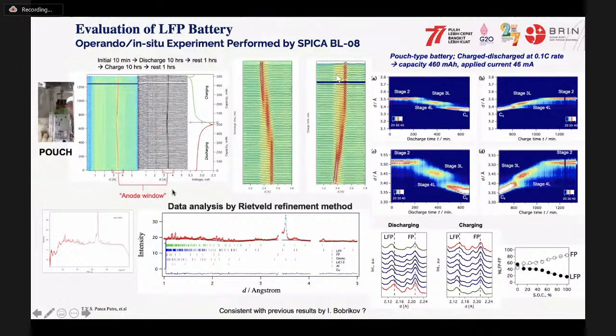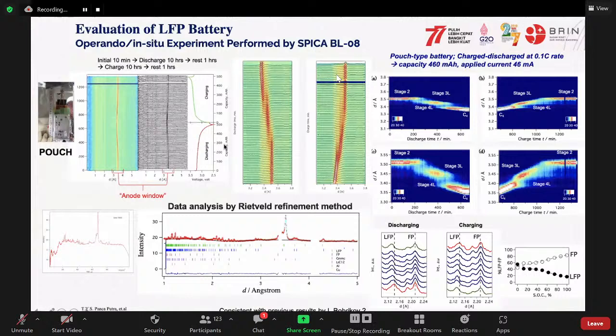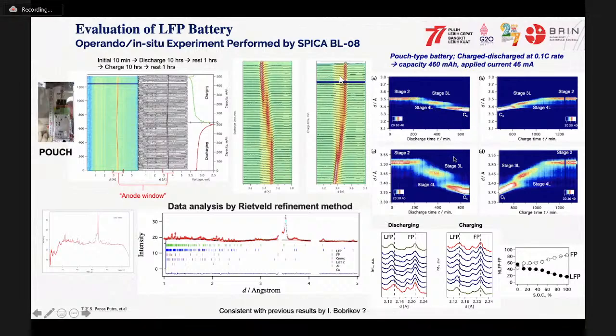We can see the charge and discharge, which is for 10 hours. We can see the different structures here. And we can see that some types of graphite here change depending on the charge and discharge time.